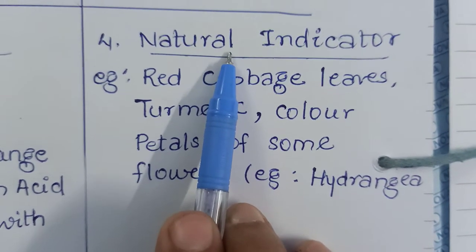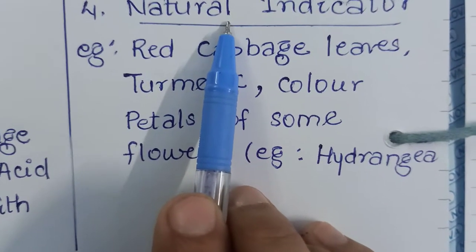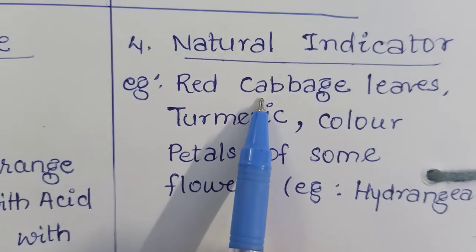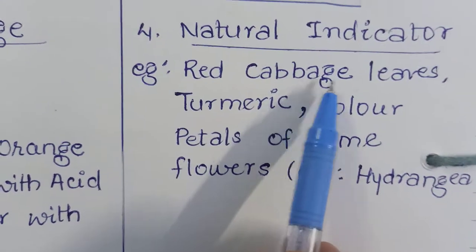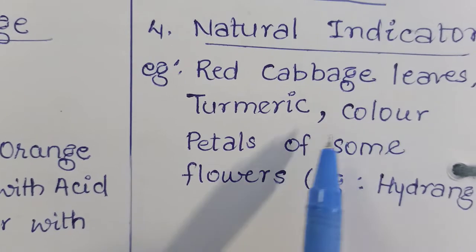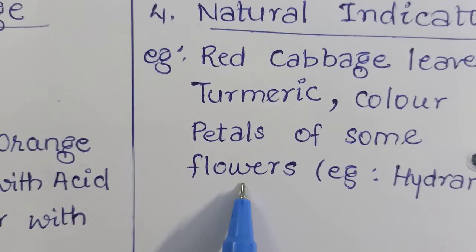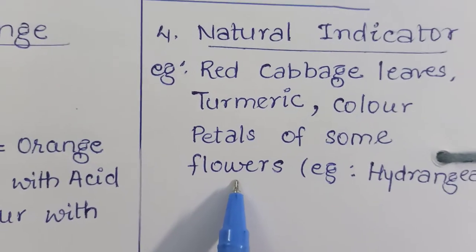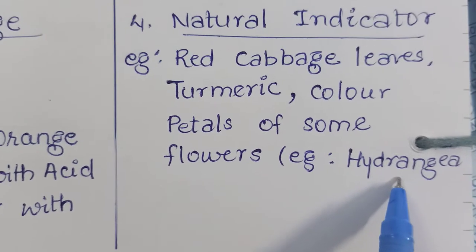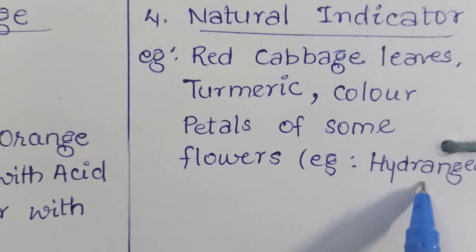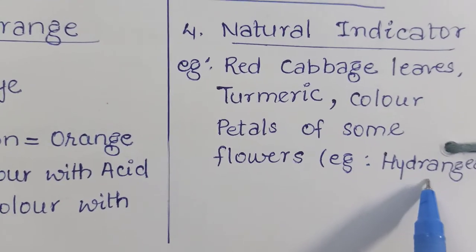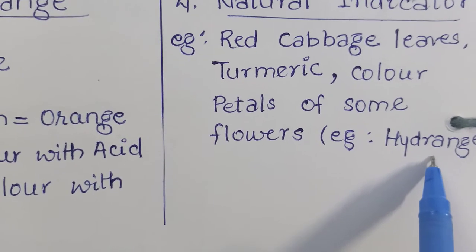Some other natural indicators are red cabbage leaves, turmeric, and colored petals of some flowers like hydrangea, which are used to indicate the presence of acid or base in a given solution.